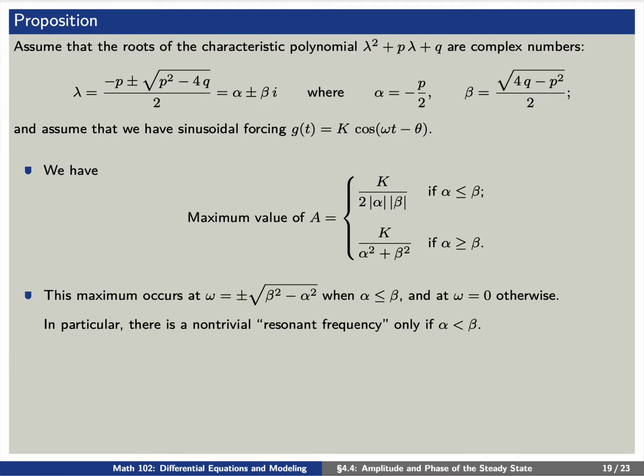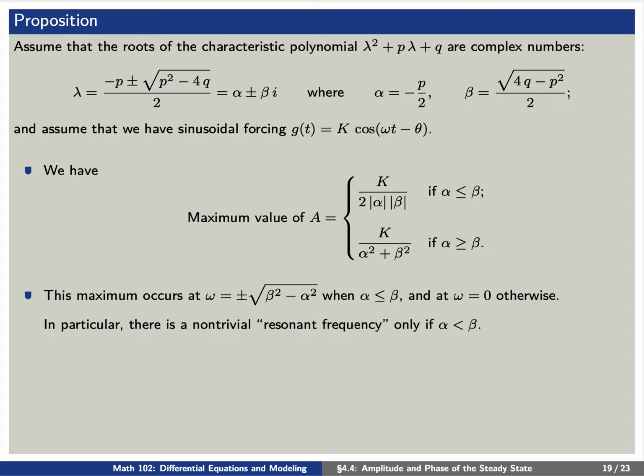Next, notice that this maximum occurs at one of two possibilities for the frequency. Either the frequency omega is the square root of beta squared minus alpha squared, or the frequency omega is equal to 0. In particular, there is a non-trivial "resonant frequency" only if alpha is less than beta. We're putting this in quotes because we don't necessarily have alpha equal to 0.